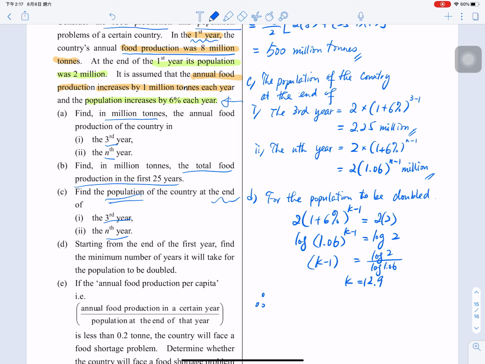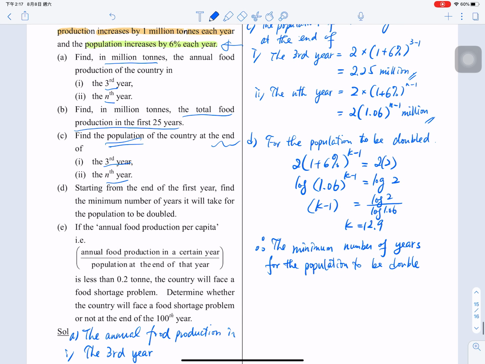What means of 12.9? That means, okay, the minimum number of years for the population to be double is 12 years.